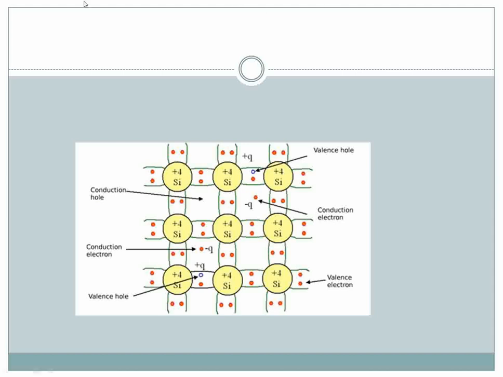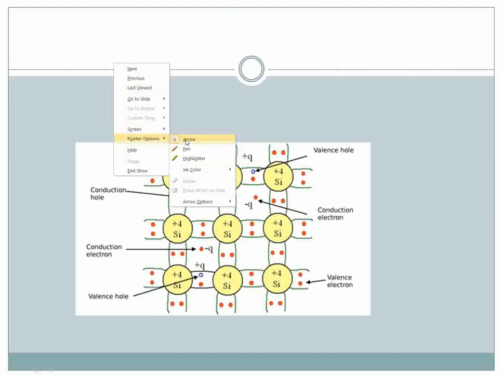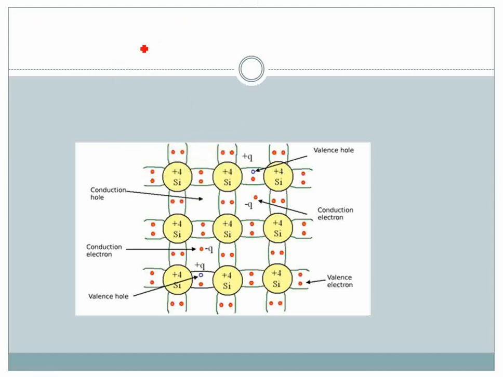Here I am drawing: this is extrinsic semiconductor, in which there are two types of material depending upon the doping element, the P type and N type.